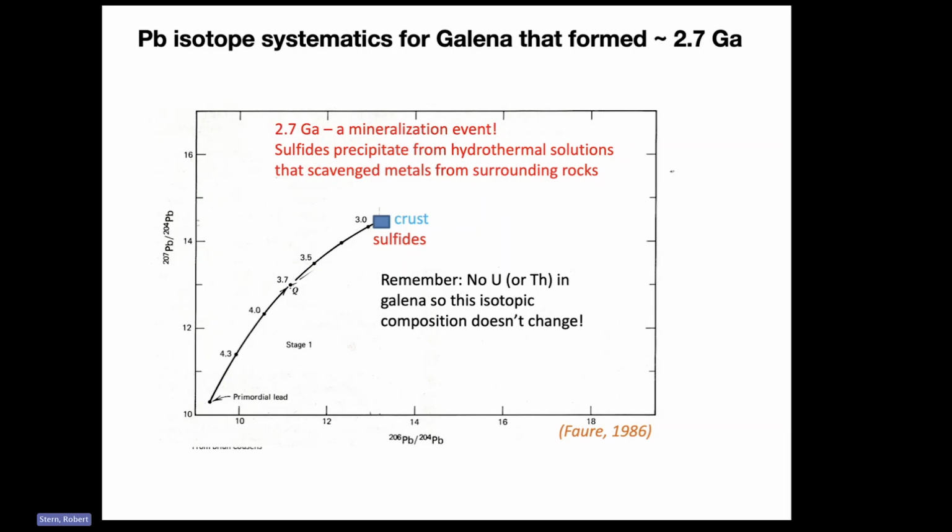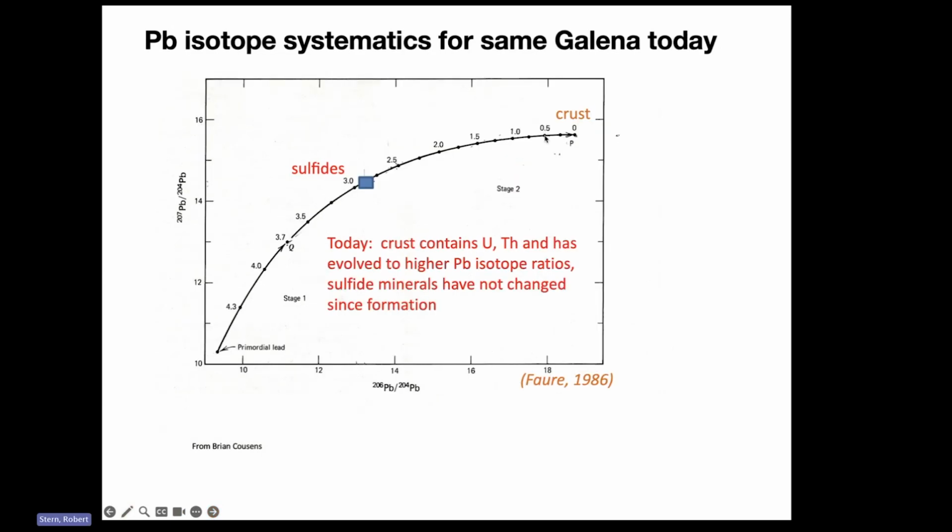So as time continues, to here we are today, the lead isotopic composition of today is the 207/204 ratio looks like 15.7, and 206/204 is 18.8 or something.